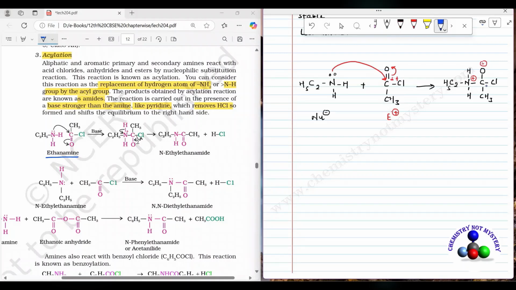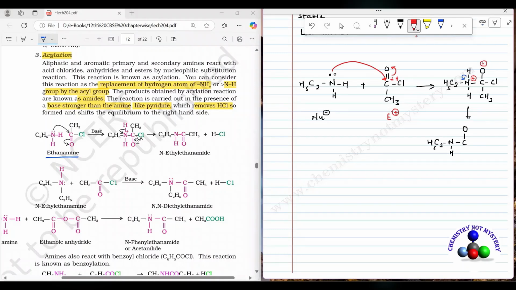Now to neutralize the charge over nitrogen, this hydrogen leaves the molecule without its bonding pair of electron. So here you will get C2H5. Now this nitrogen is bonded with one of the hydrogen and it has made bond with the carbon.